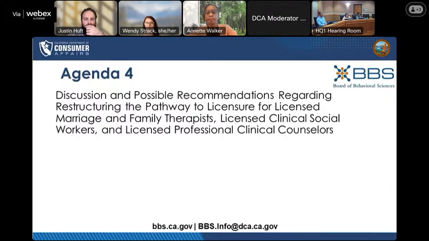Right now, it's not clear in our law whether we can accept that or not, which has led to some confusion. So we want to clarify that, for instance, somebody that graduated, took the exam right away and passed it, and now they're here applying for licensure, we will accept that score even though it was taken early, even though the board doesn't grant eligibility to take the clinical exam until all hours are gained.